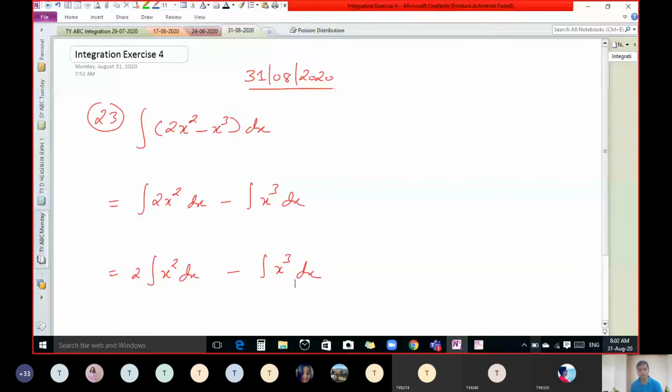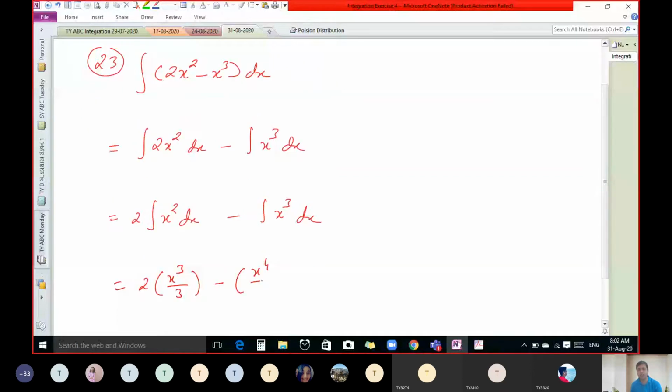Please don't write plus c here. Whenever there is a question of definite integration, no need to write plus c. So our answer is 2x cube upon 3 minus x raised to 4 upon 4.